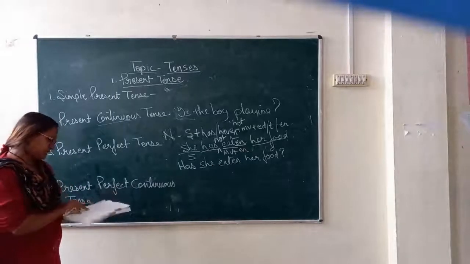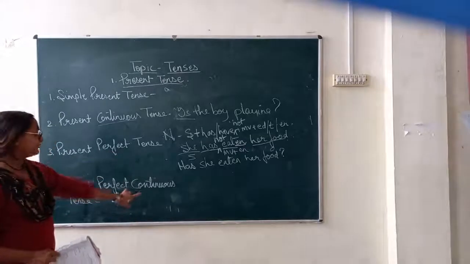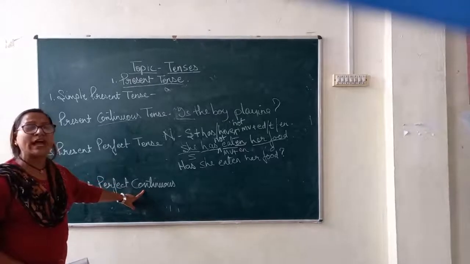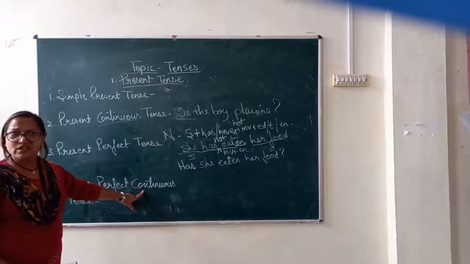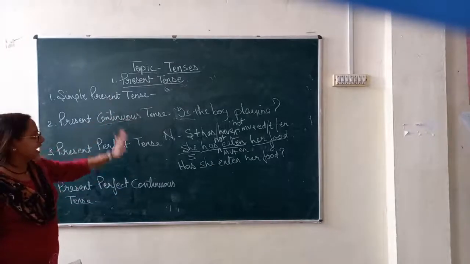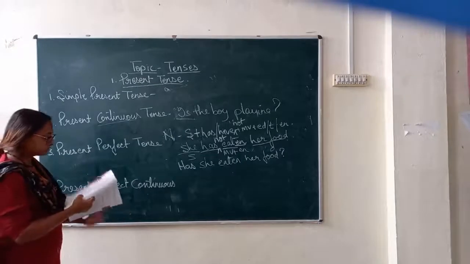Now we will see present perfect continuous tense. Perfect tense you know, now we will add continuous. That means the action which is taking place just now also. Means you started in the beginning, in the past, and still it is going on. It is not completed but still going on.